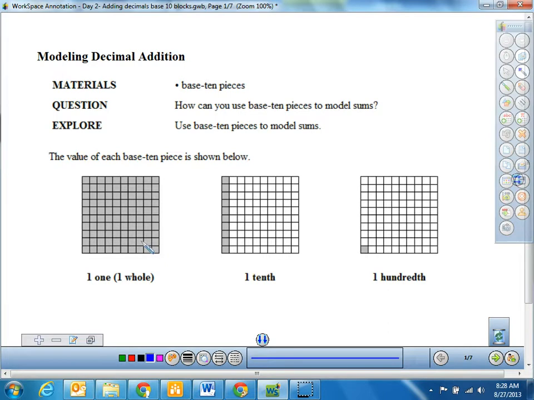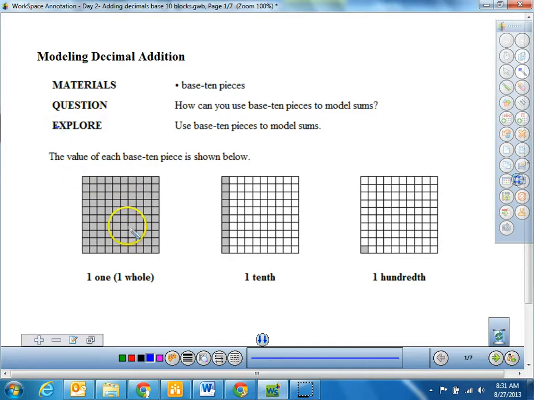And in order to do that, we're going to start by looking at how would you model it? Meaning, how would you use those manipulatives that we looked at yesterday to represent how we would add decimals? So if we look right here, you will see our manipulatives from yesterday lined out for us. So we have our whole block.